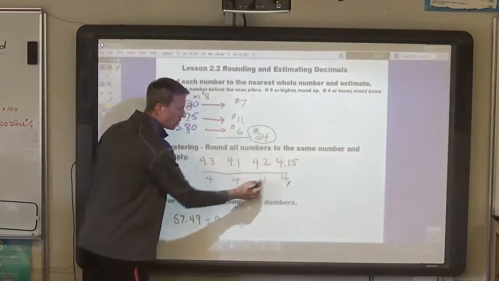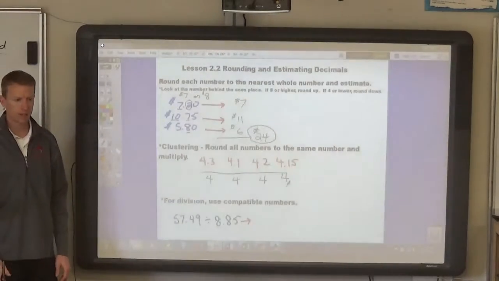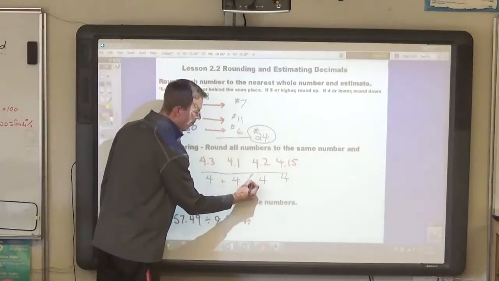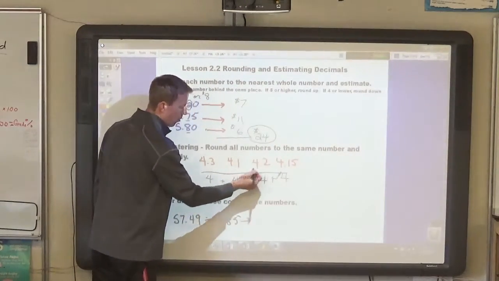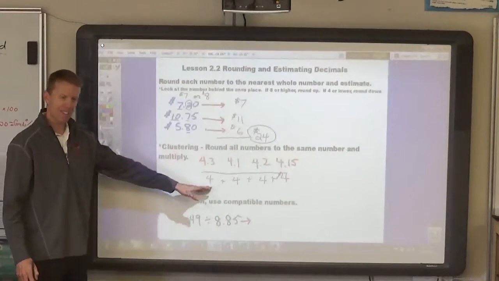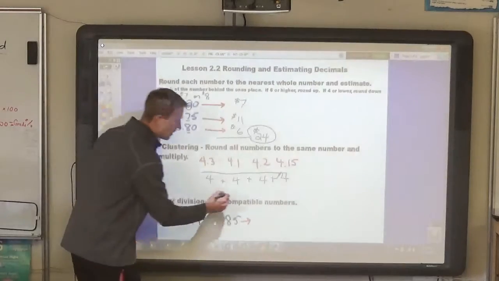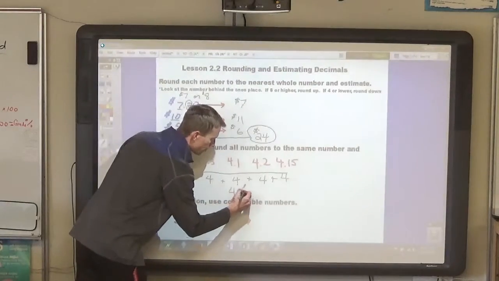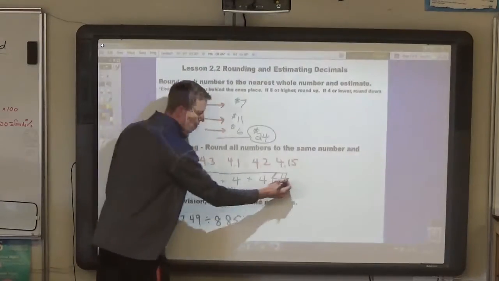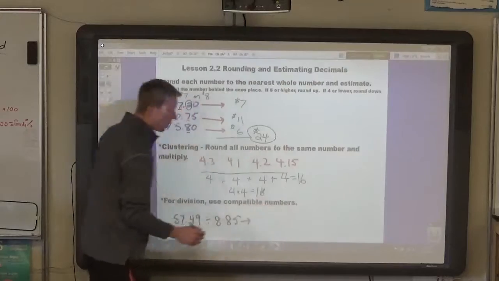These are all close to the whole number 4. Okay? So we can get the answer by adding 4 plus 4 plus 4 plus 4. Or, this is what multiplication is all about. 4 times 4. There are 4 4s. So if we do 4 times 4, we can get the answer by multiplying.